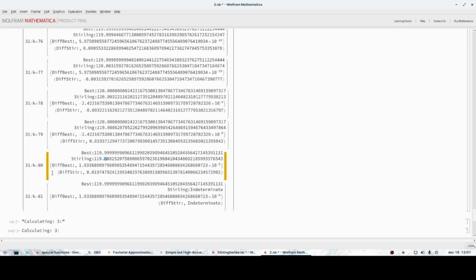So starting from 31, the situation gets worse in the Stirling formula. And even in my formula, if I'm using more than 31, it gets worse. But anyway, it's better than the Stirling computation.